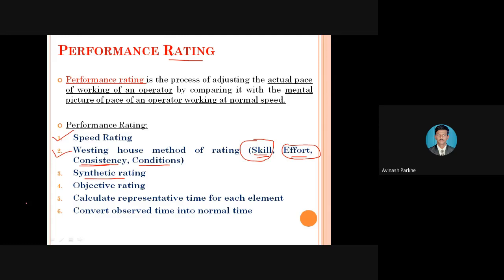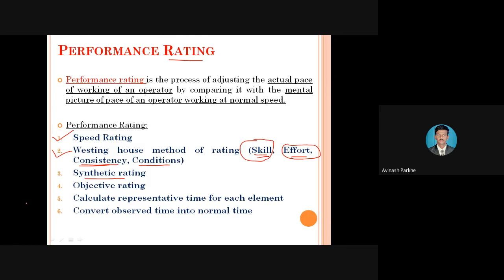So what is meant by predetermined motion time study? Whenever we are starting an operation, before starting, we have to decide the motion and the time required to complete that task. That means in predetermined motion time study, the machine is not started.